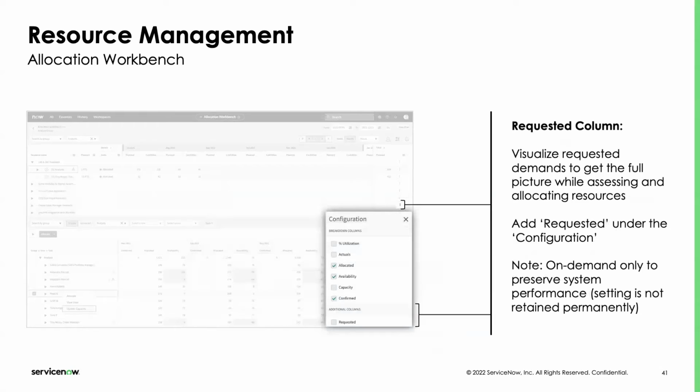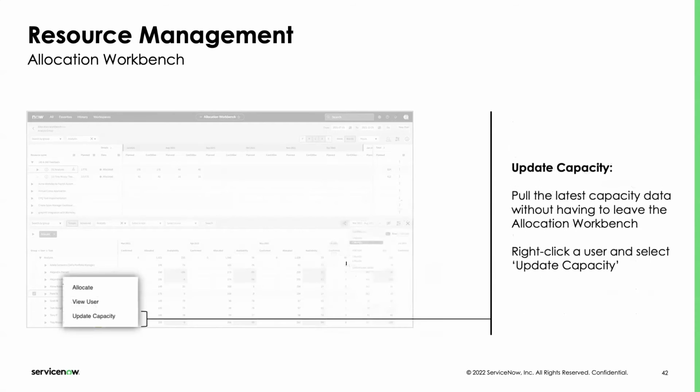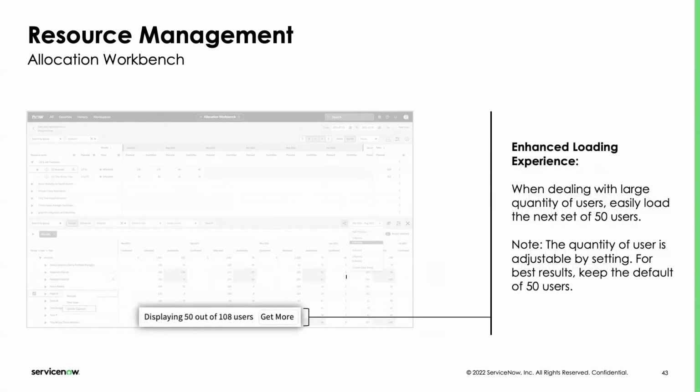New column requested is added to visualize the requested demands to get the full picture while assessing and allocating resources. New enhancement allows you to update resource capacity without having to leave allocation workbench. Lastly, new label on the UI. There was always a setting to set how many records you can load, but now you get the label to show how many has been already loaded and how many more you can load.